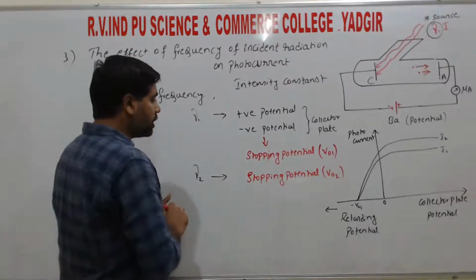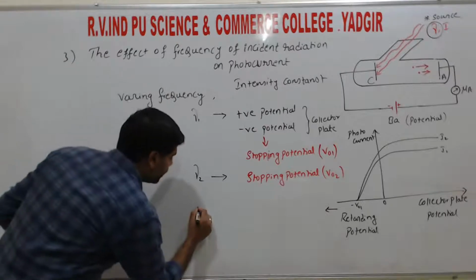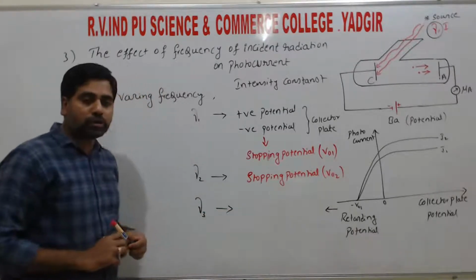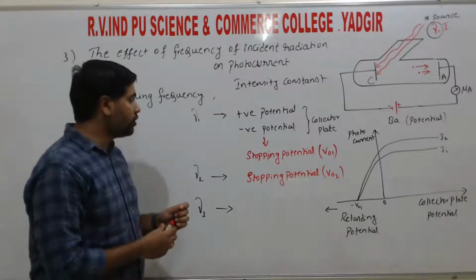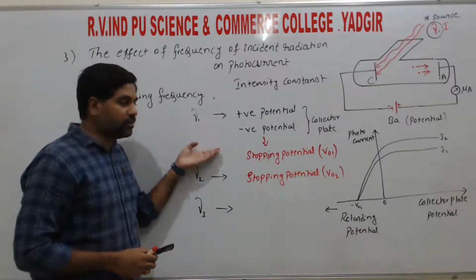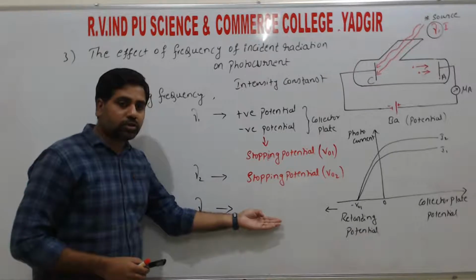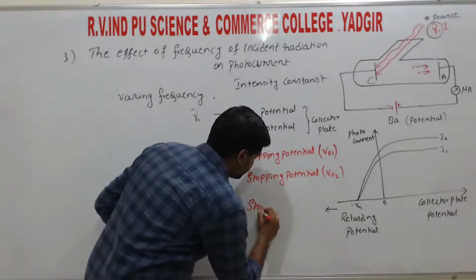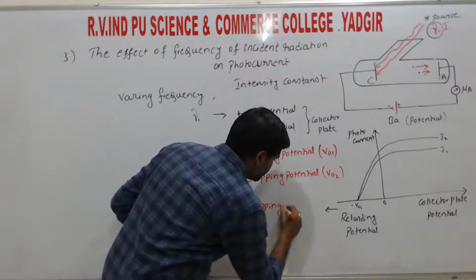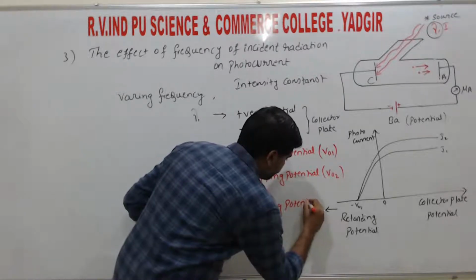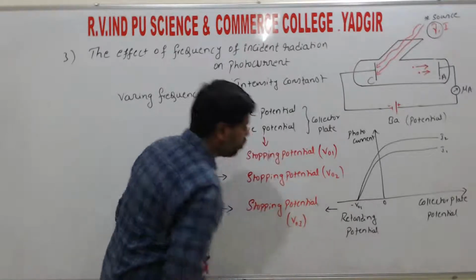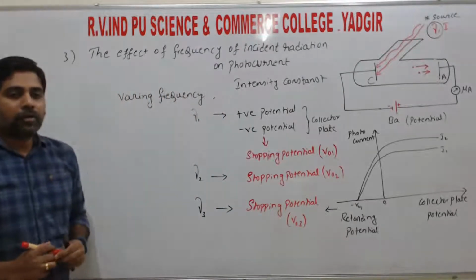Next, if we further vary the frequency, that is nu3, then we get one more stopping potential, V03. If you observe here, as the frequency increases, the stopping potential also goes on increasing.